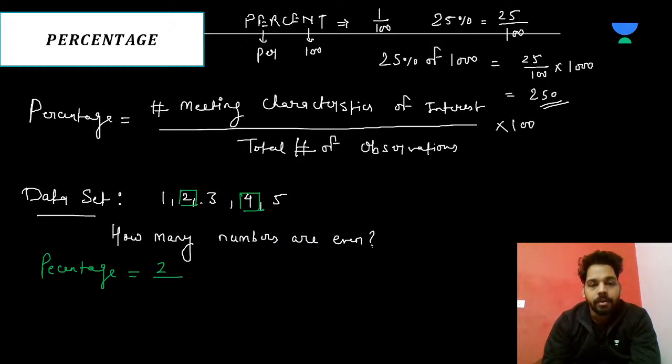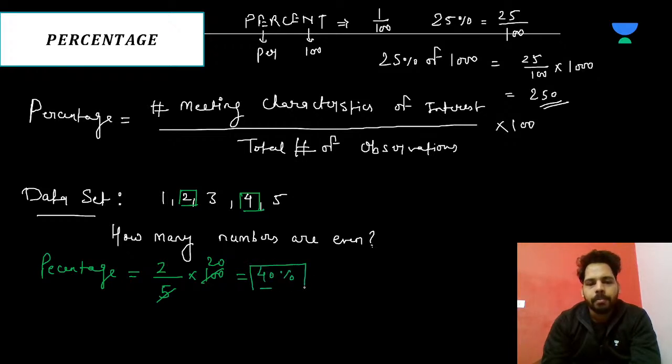Divided by total number of observation. How many observations do we have? We have 5 observations. Right? Into 100. So if I talk about this data set, how much percent of numbers are even? If you solve it, how much percent is there? 40%. Right?